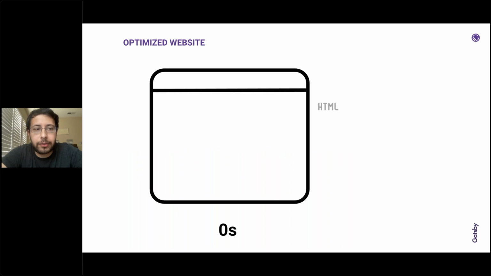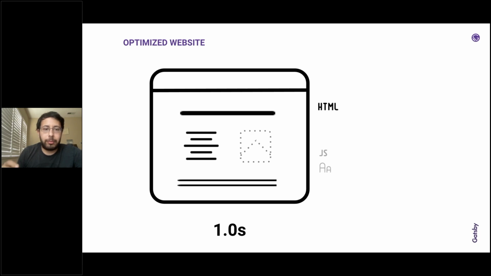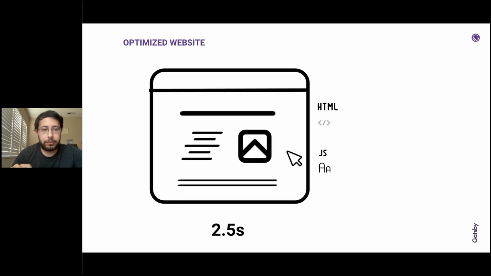So optimized, now let's look at the same page load, but this page load is going to be optimized. So we start streaming the HTML. It comes in here at 1 second. Dan, can you go back and hold that 1 second for a bit, please? Yeah, sure.